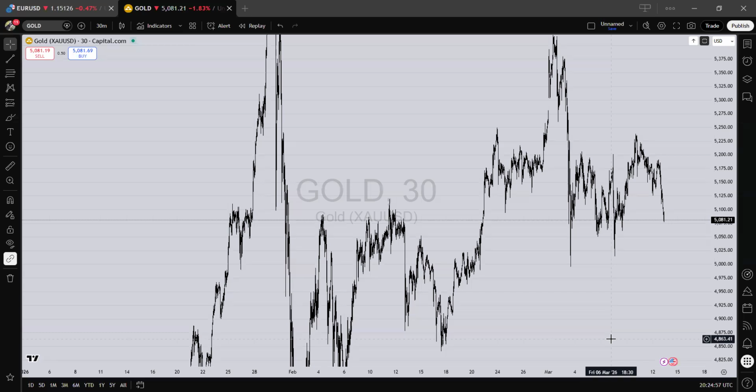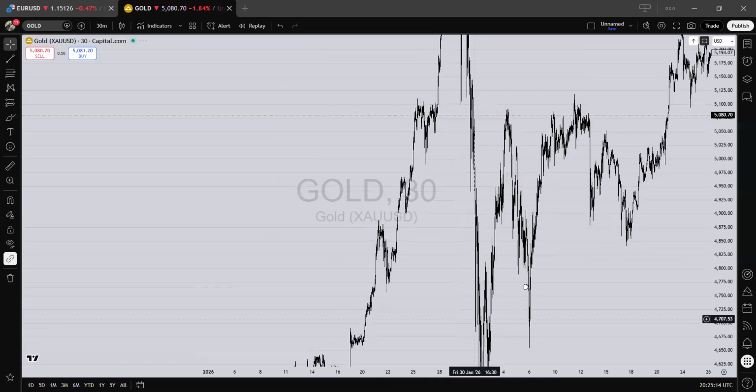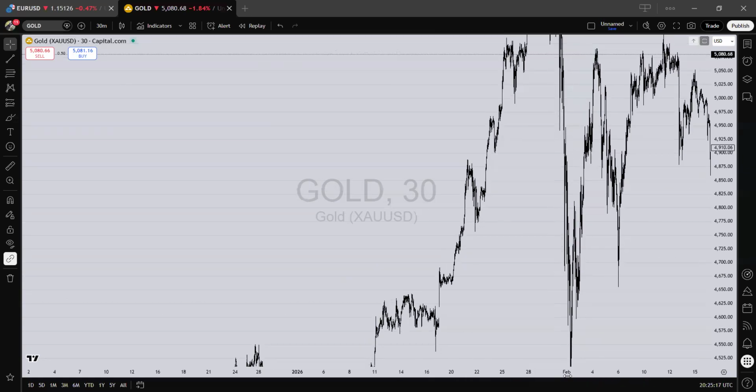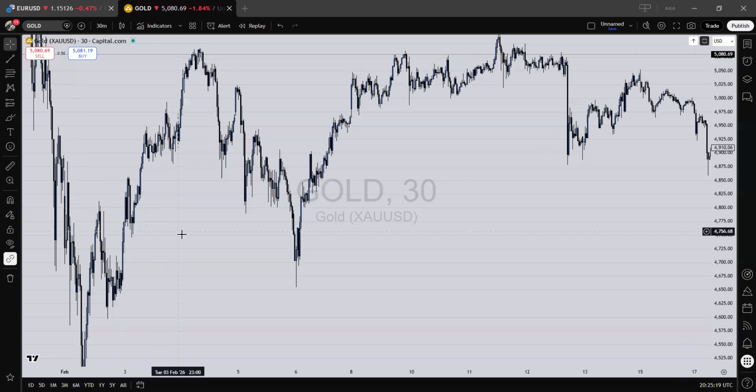If gold takes out a liquidity, it will surely want to seek another liquidity or create one before it moves.